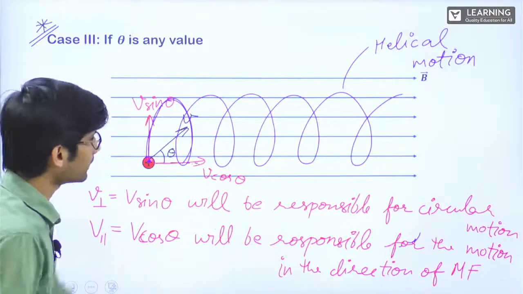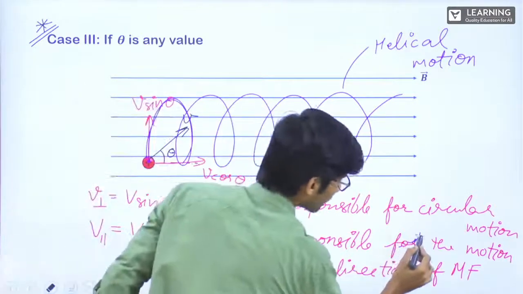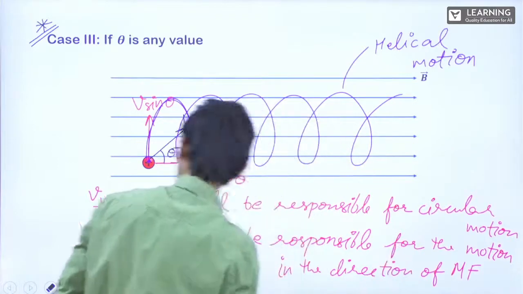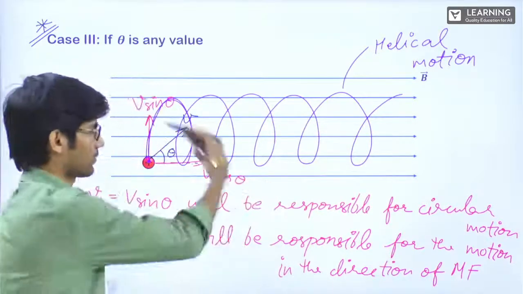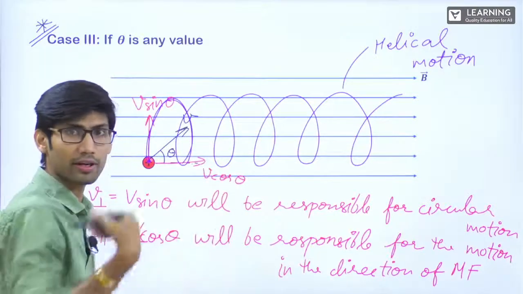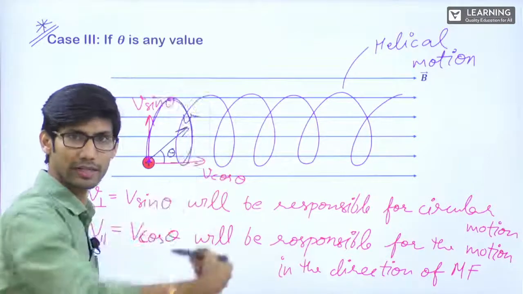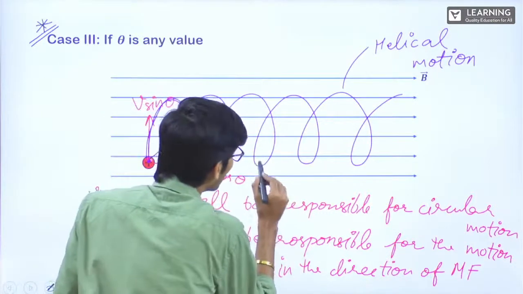So now understand, since two motions are happening, what do we need? We can find the radius of the circular motion. We can find the time period, in how much time it is completing one rotation. And we can also find this distance.